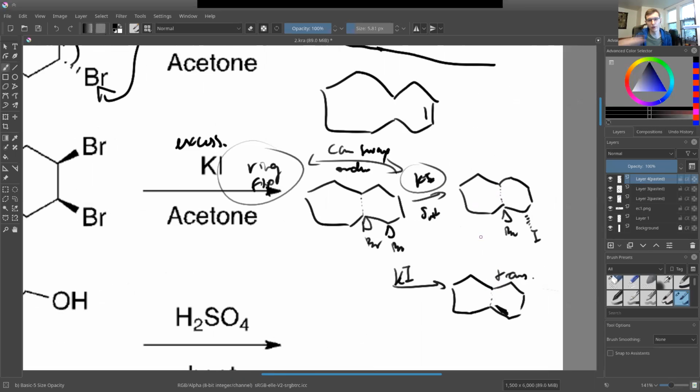Then if you ring flip one side, you correspondingly ring flip the other. I guess that's complicated though, right? That's kind of hard to explain and do.